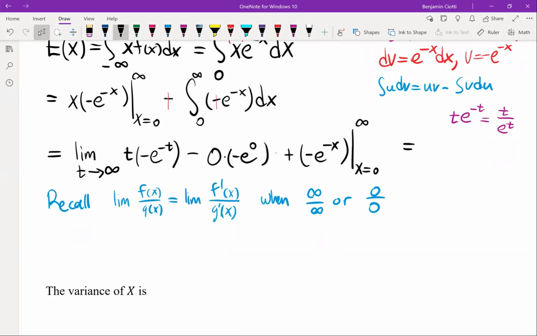So thus, I can take the derivative of t over e to the t, and I'll get 1 over e to the t. One over e to the t. And I have a negative sign. I guess maybe I can put that in front, actually.